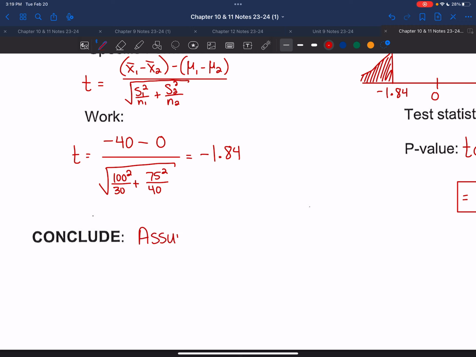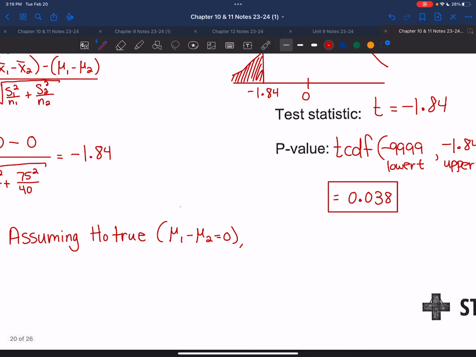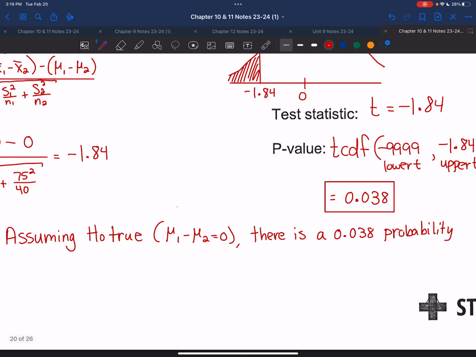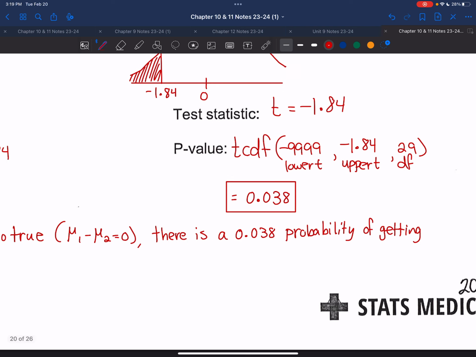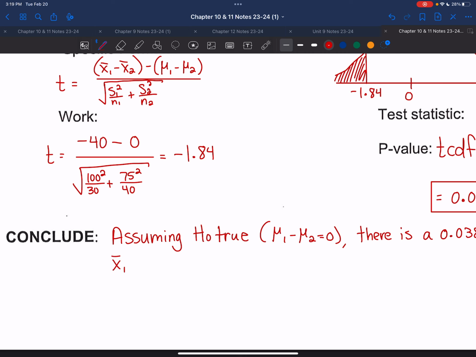So assuming the null is true, in other words, mu sub 1 minus mu sub 2 equals 0, I'm going to say there is a 0.038 probability of getting x bar 1 minus x bar 2 of negative 40 or less by random chance.